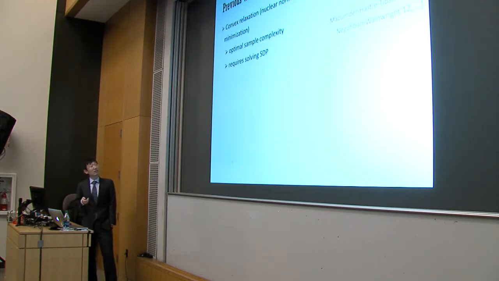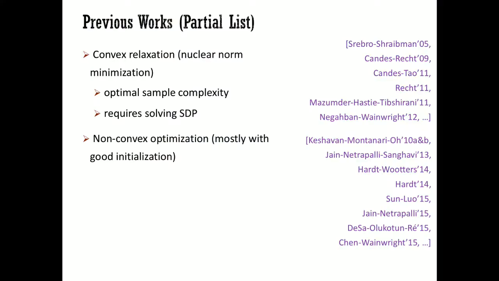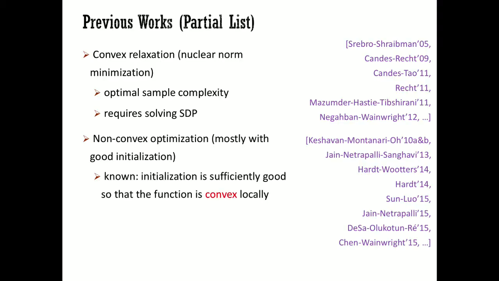This also motivated a lot of theoretical studies of non-convex optimization for this problem. However, most of these papers require good initializations to start with. In fact, it is known that when the initialization is sufficiently good, the function is actually convex locally in a neighborhood that contains the initialization. In other words, most of these papers are basically analyzing non-convex methods for convex functions.